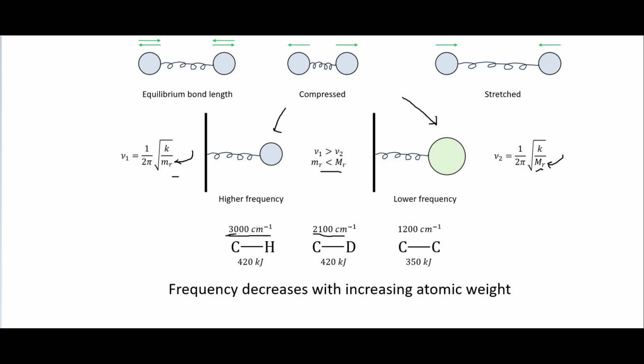So the larger number means a higher frequency. So this one, where we have the lightest element here bound to it, has a 3,000 wave number. When we have a deuterium, which is a heavier version of hydrogen, we have 2,100. And when it's carbon to carbon, we have 1,200. And so the frequency decreases with increasing atomic weight.